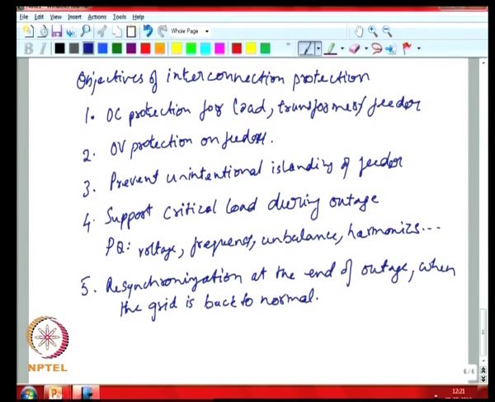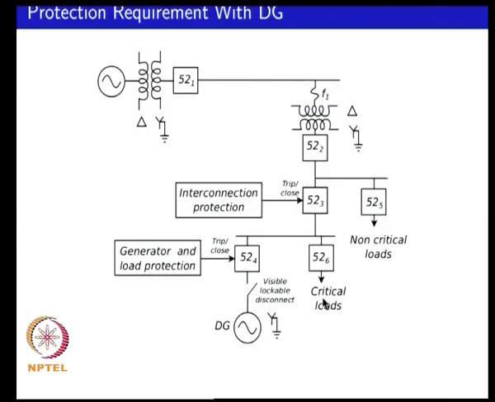Also, you might have requirements for re-energizing a dead bus. For example, you might have a situation where the whole system is dead and maybe your DG is also disconnected, and this particular breaker is open. You need to monitor the voltages and ensure that it is a dead bus.